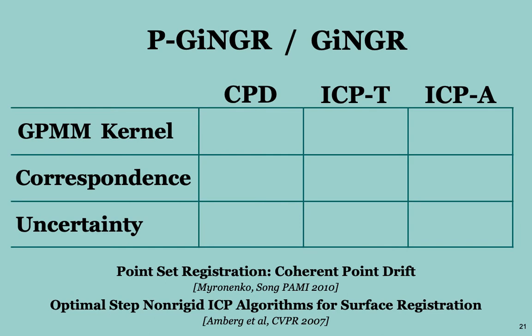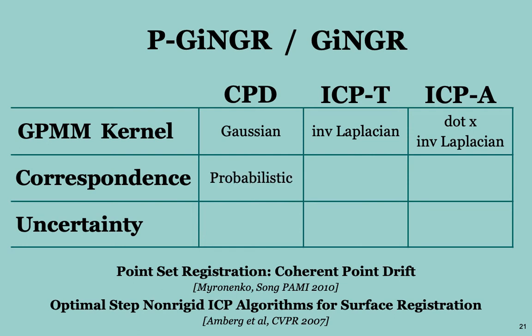The three methods use three different kernels: Gaussian, the generalized inverse Laplacian, and the generalized inverse Laplacian with a dot product kernel. CPD uses a somehow probabilistic way of finding correspondence in each iteration, whereas ICP uses a simple closest point heuristic to do so.